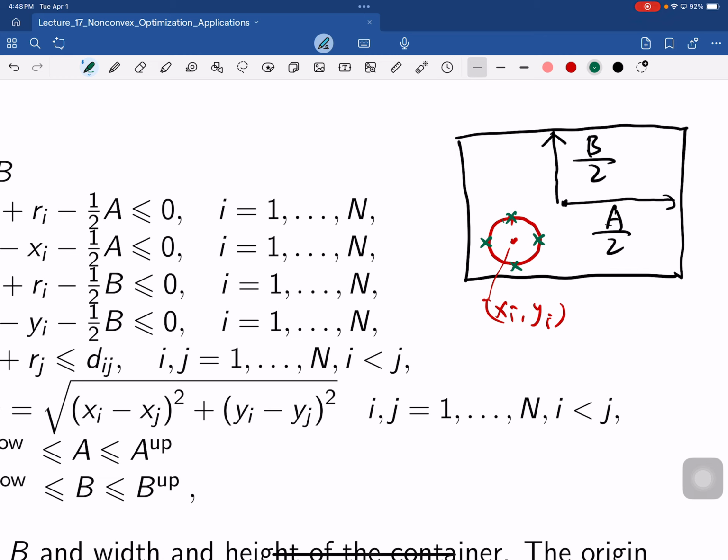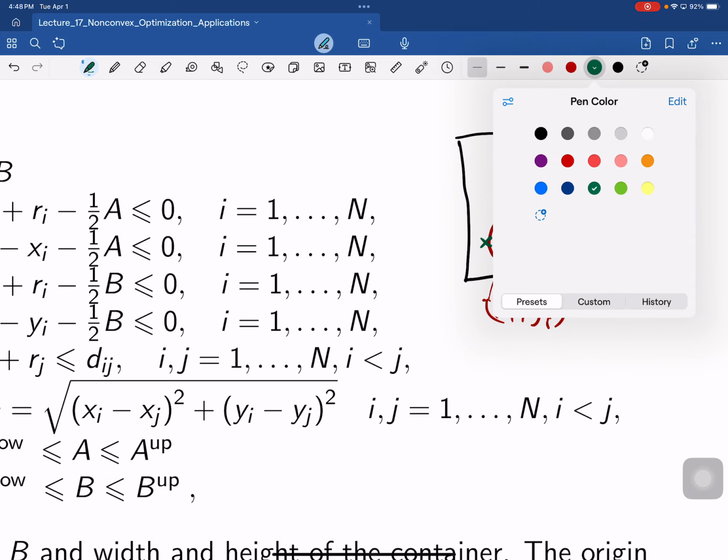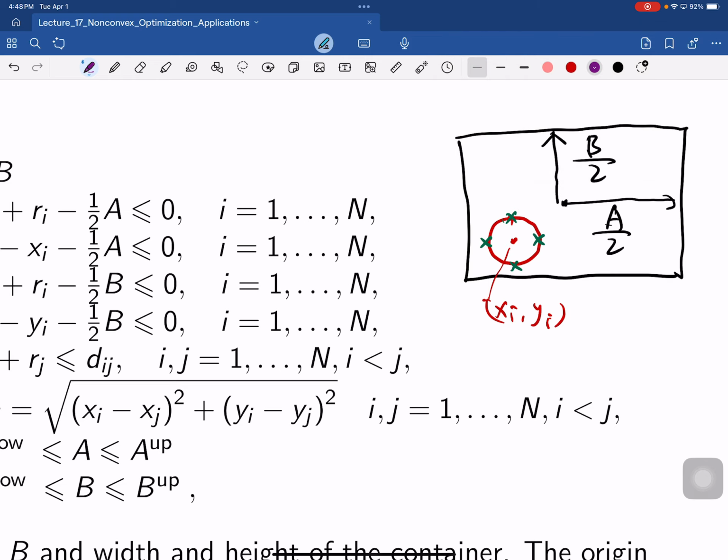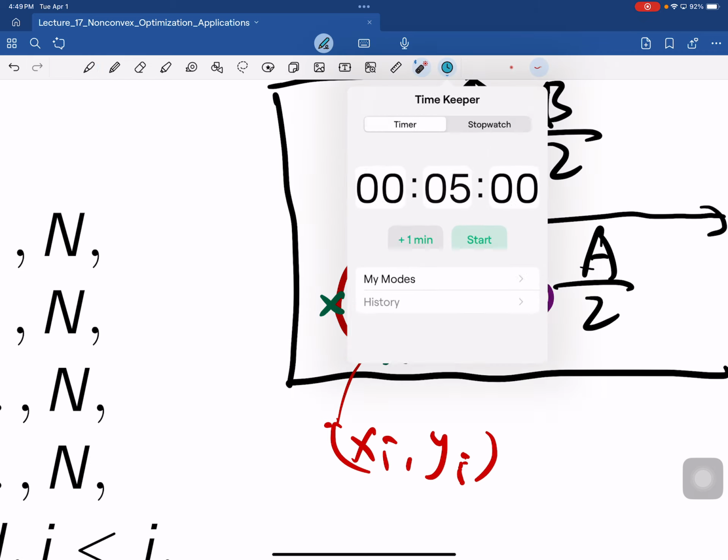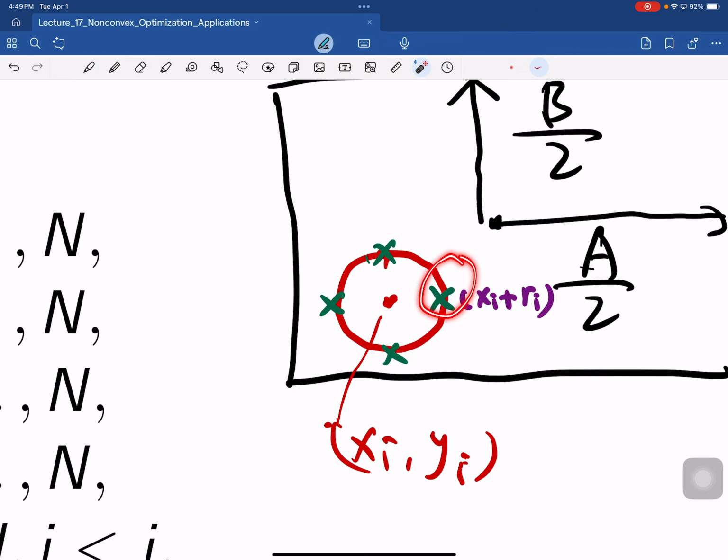So then, let me change to a different color, this coordinate would be xi plus ri, right? That's the x coordinate of this point here.